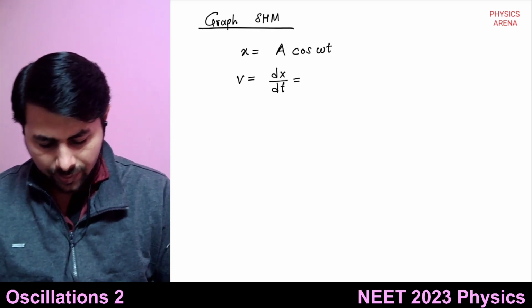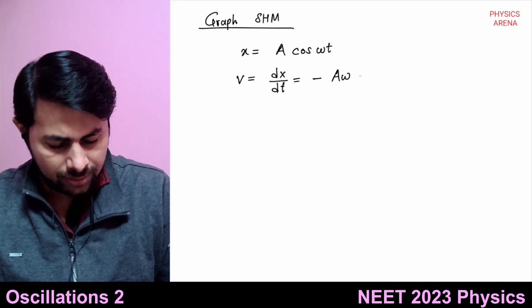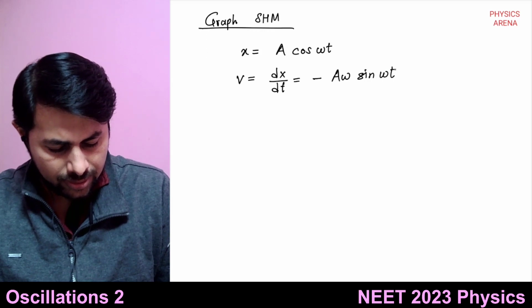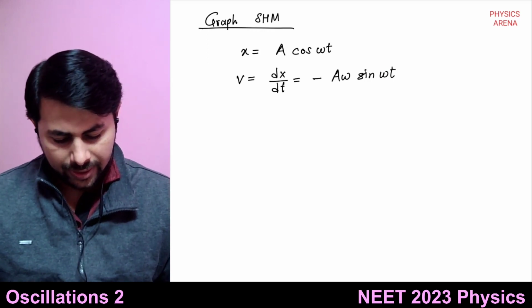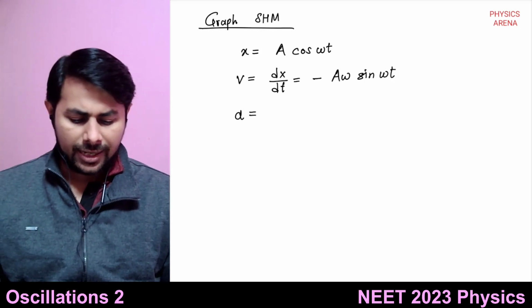So velocity is minus a omega multiplied by sine of omega t. And what about acceleration?